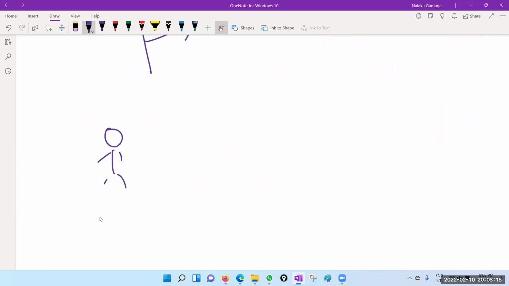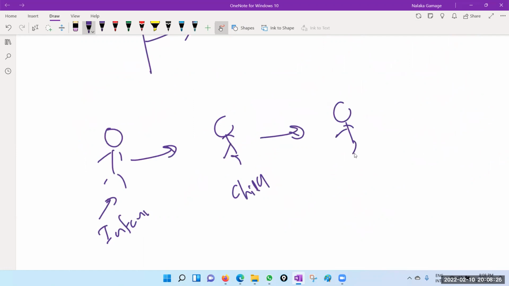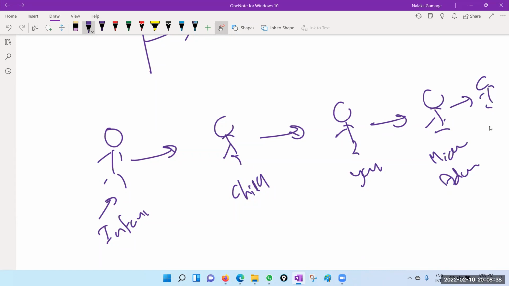First we say it's an infant, then we say it's a child, then we say you are a youth, then we say you are middle aged, or an adult, and then we say you are in old age. That is state transitions.